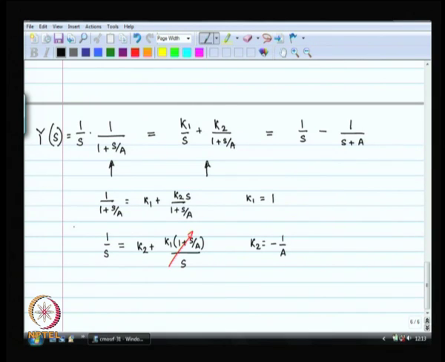Now, what does this mean? This means that the response is equal to u of t, and what is 1 by s plus a? This is equal to u of t times e power minus t by tau.